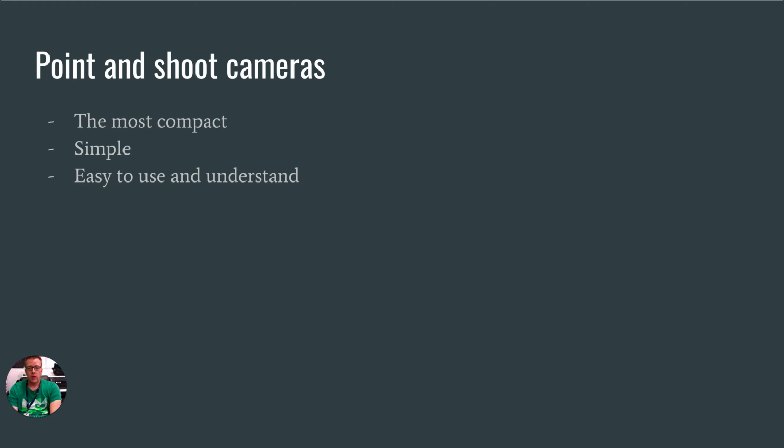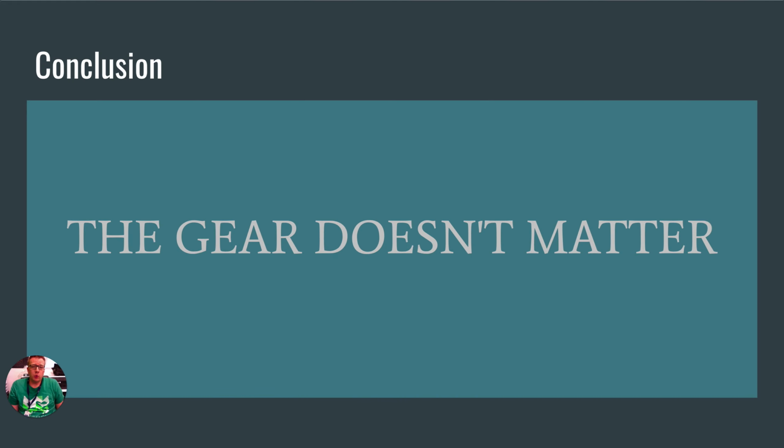And so what's the conclusion, the point, right? The end of this is that the gear doesn't really matter. Gear doesn't make or break a photographer. In fact, gear might actually end up hurting a photographer if you don't know how to use it.